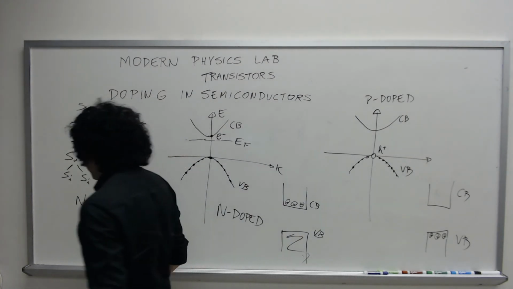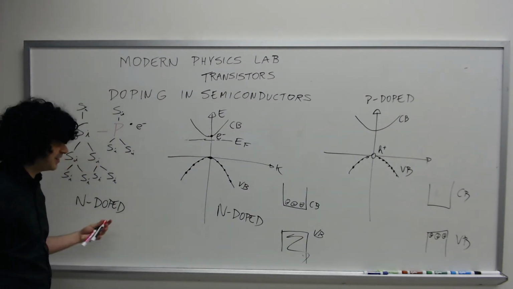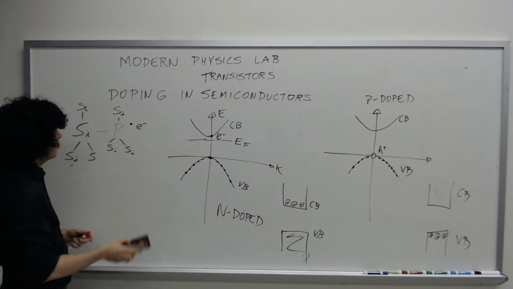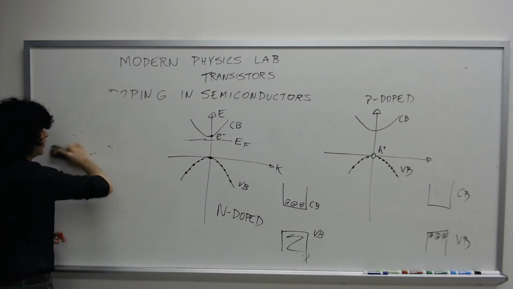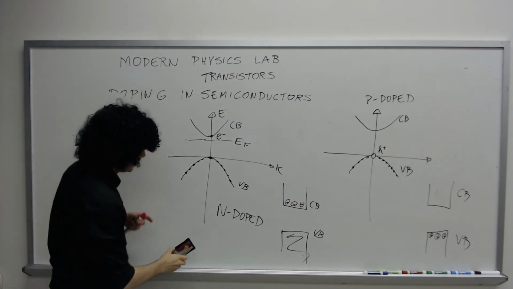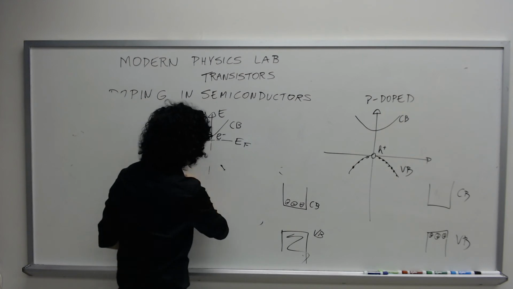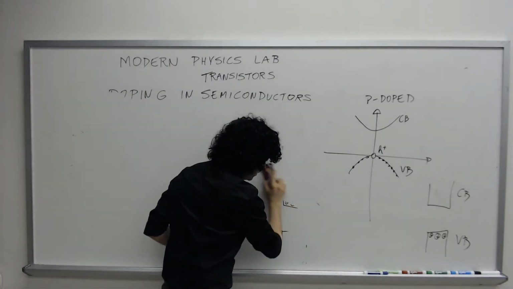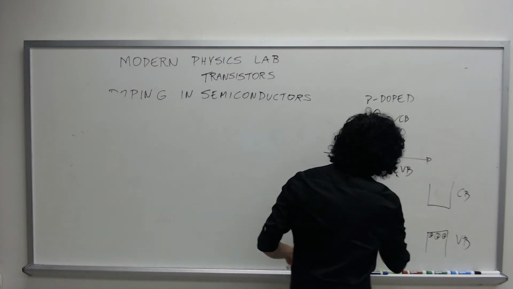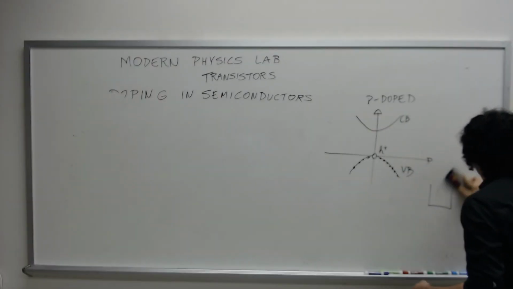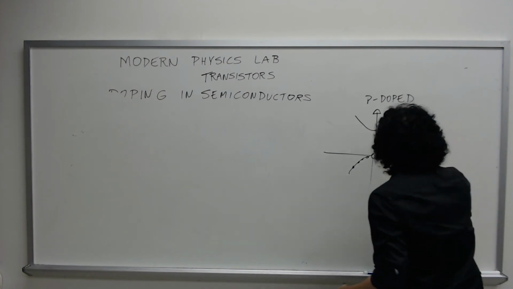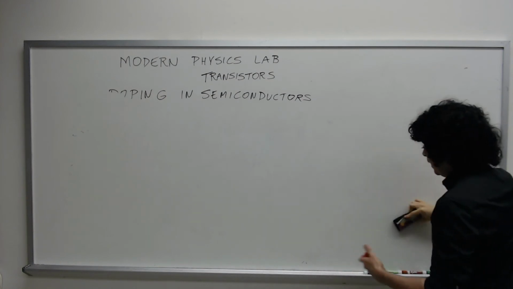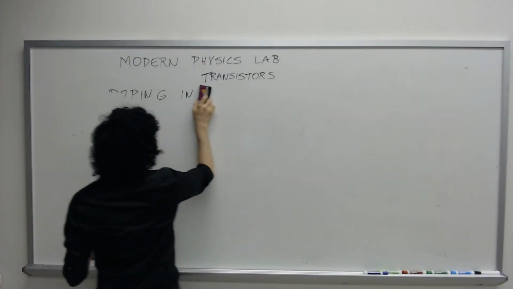And now comes the engineering part of using this type of structures. So the first type of device we'll talk about is the p-n junction diode, which is an electronic device made out of a p and an n-doped semiconductor.